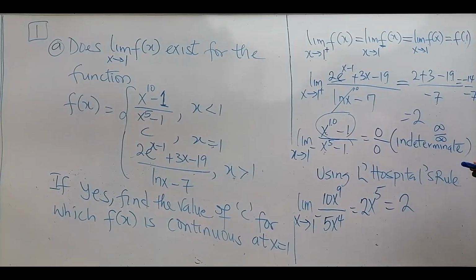That's 2. So we've gotten the right side of the limit. We've gotten the left side of the limit. And they're both equal. Okay, and that confirms the function is continuous. Then the last thing to do is to get the limit of f of x as x tends to 1.